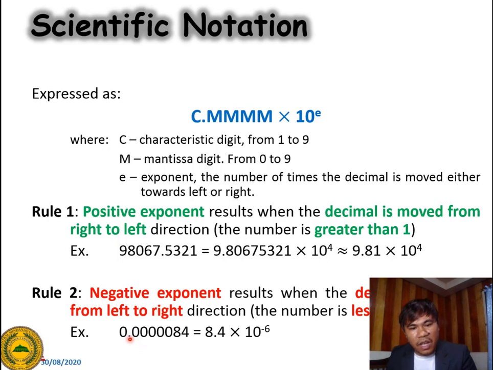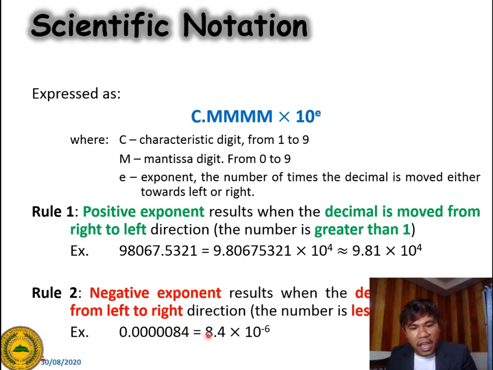So all you have to do is move this decimal point here to here. You count 1, 2, 3, 4, 5, 6. So basically you have 6.